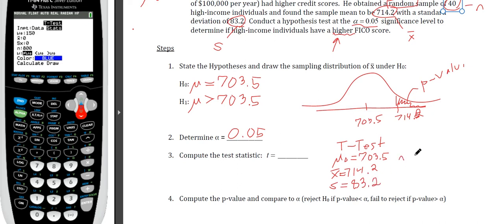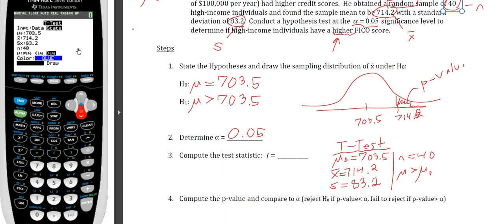N is 40 individuals. And what we're testing for is mu greater than mu sub 0. That's our alternative hypothesis. So those are all the inputs for T-Test. We put those in appropriately: 703.5, 714.2, 83.2, 40, and greater than.